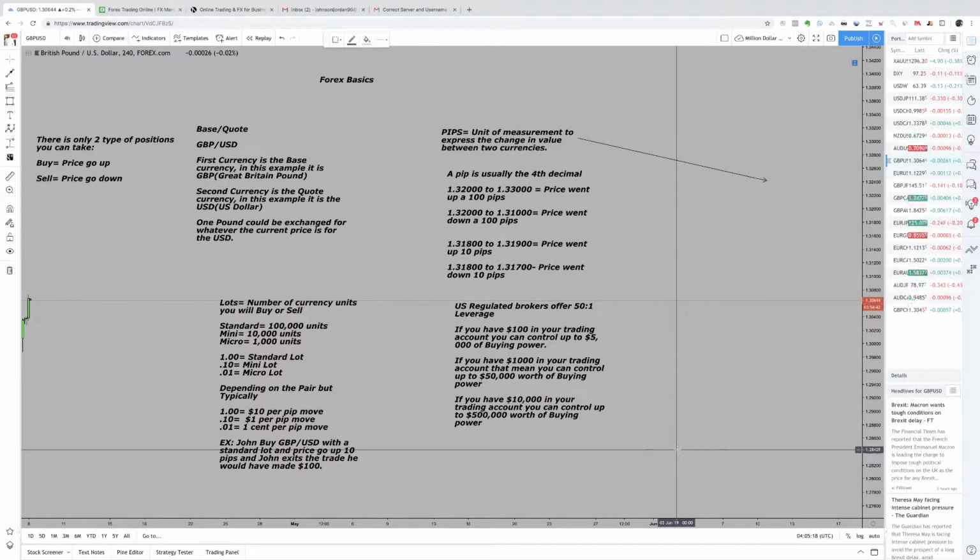Next, let's talk about some U.S. regulated brokers. I am not a fan of using offshore brokers. Just be aware of people that try to get you to use offshore, non-regulated brokers, because I don't feel comfortable with my money in an offshore account with a non-regulated broker.